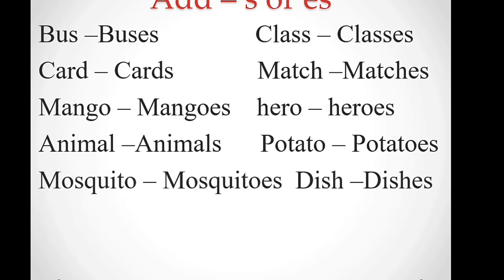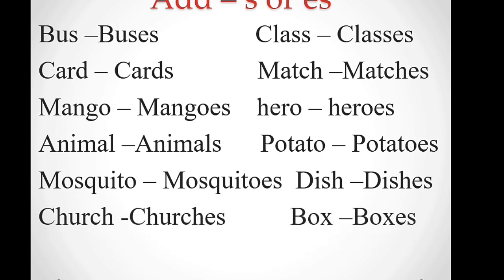Mosquito, mosquitoes. Dish, dishes. Church, churches. Box, boxes. As we learned in the rule, if the last letter is x, ch, s, o, we will use es for making the word plural.